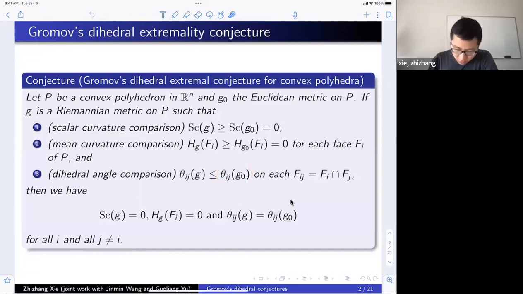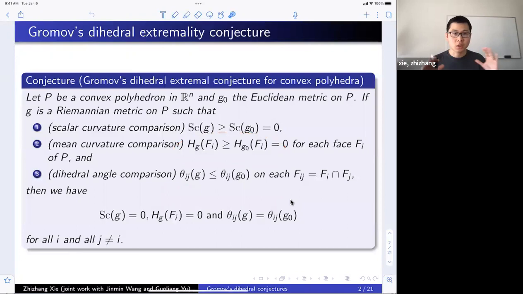Now, you can think about dihedral angles as a replacement of mean curvature in a distributional sense. Well, to be more precise, pi minus the dihedral angle would be the mean curvature. So this is in line with the second condition, that the mean curvature of the new metric is greater than or equal to the mean curvature of the original one.